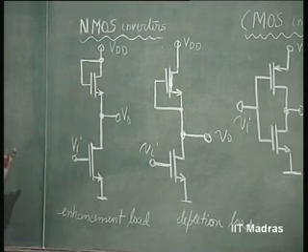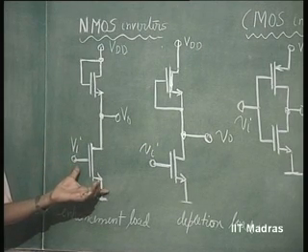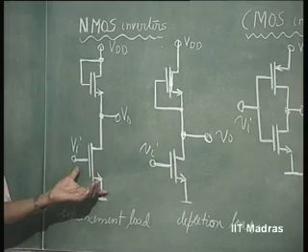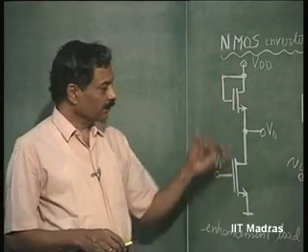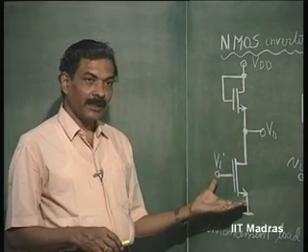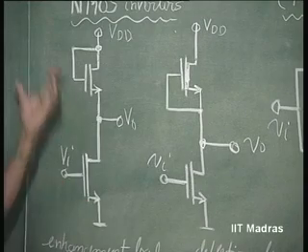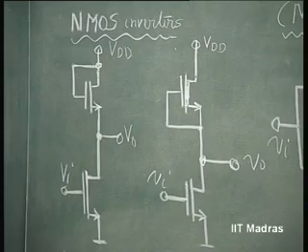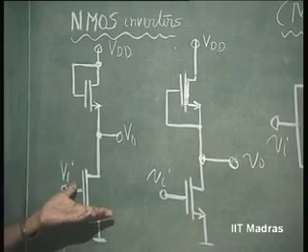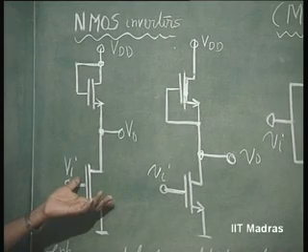Now, such inverters form the basis of logic circuits. So, we have the logic family emanating from that. An inverter which uses only N MOSFET is called NMOS logic family. Same thing can be done with the help of only PMOS, then it is called PMOS logic family.